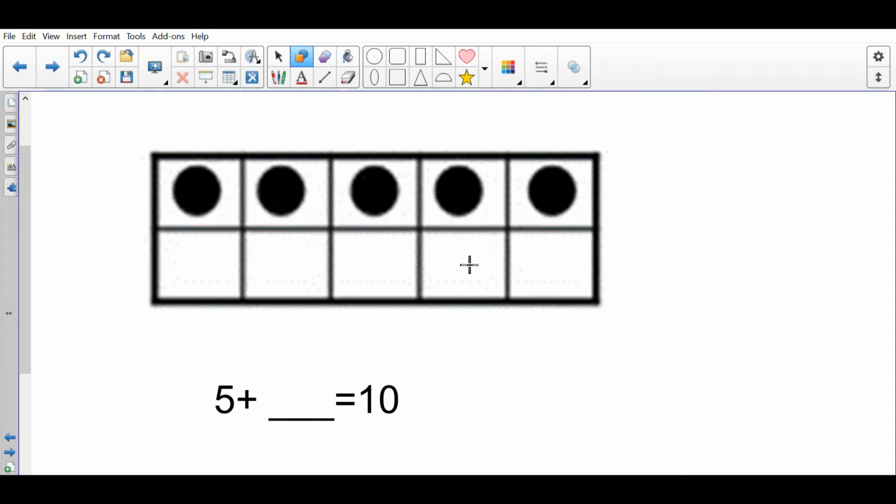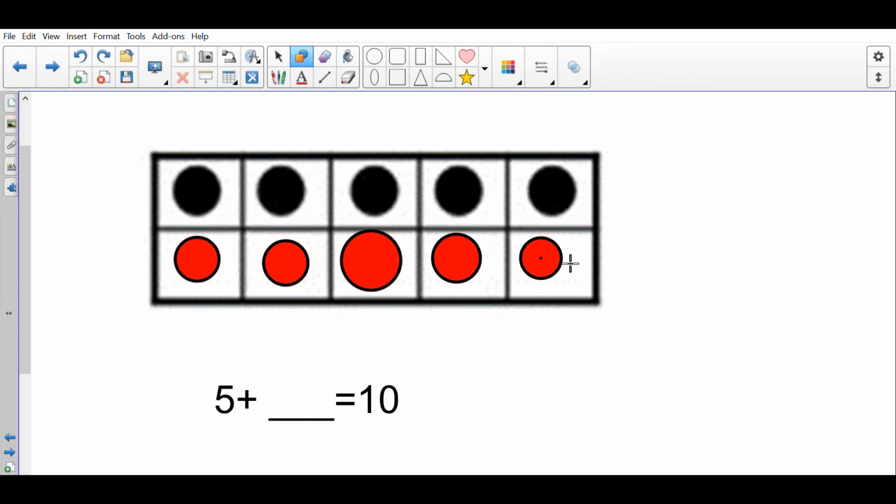So we know that there's 5 at the top. How many do you think are going to be on the bottom row? Let's see how many more dots we need. Ready? 1, 2, 3, 4, 5. We needed how many more dots? 5.